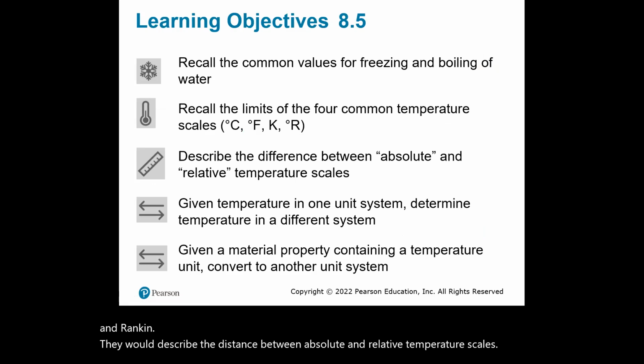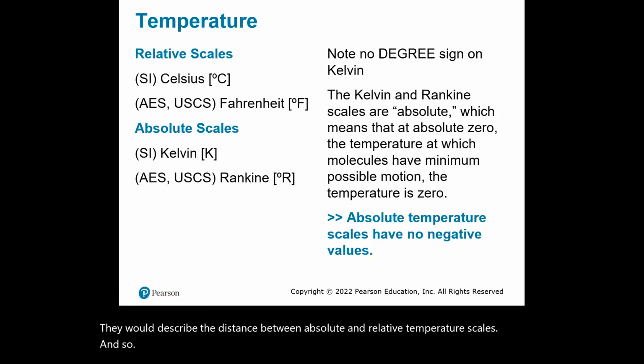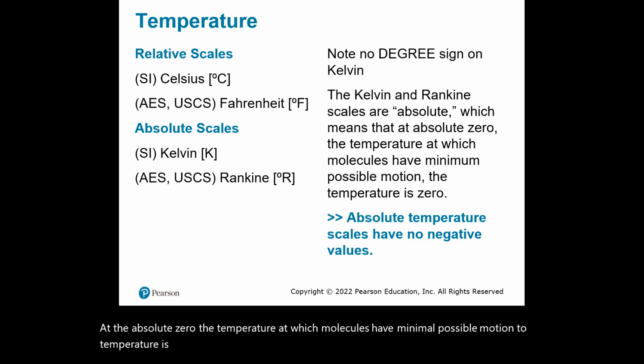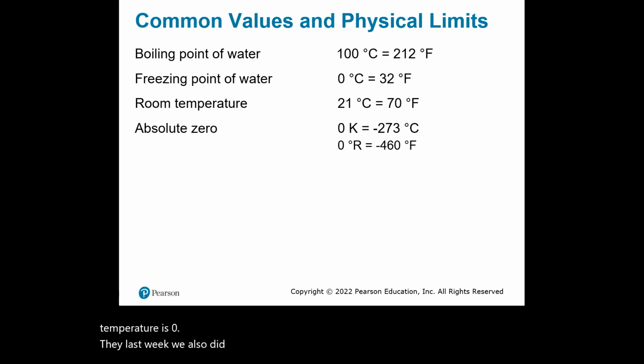Kelvin and Rankine are the absolute scales, which means that at absolute zero, the temperature at which molecules have minimal possible motion, the temperature is zero. And last week we also did some conversions, so we're not going to go into that.